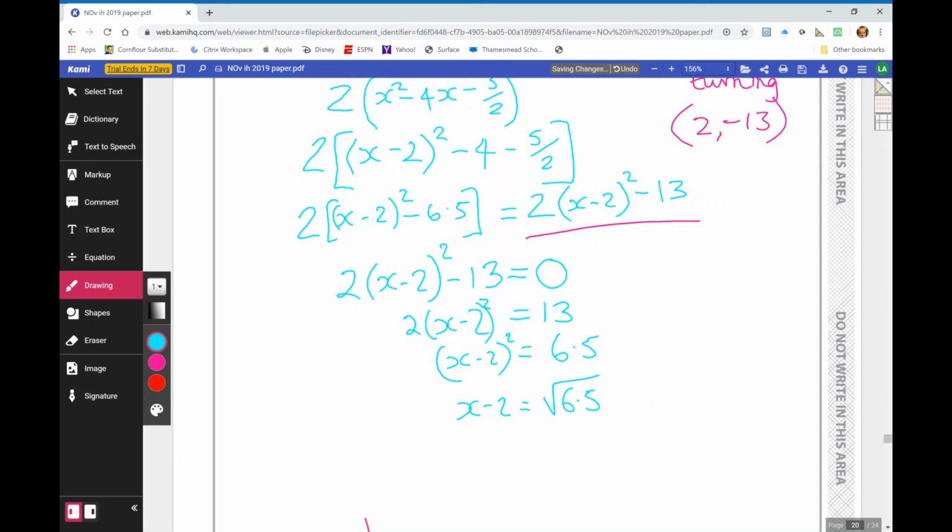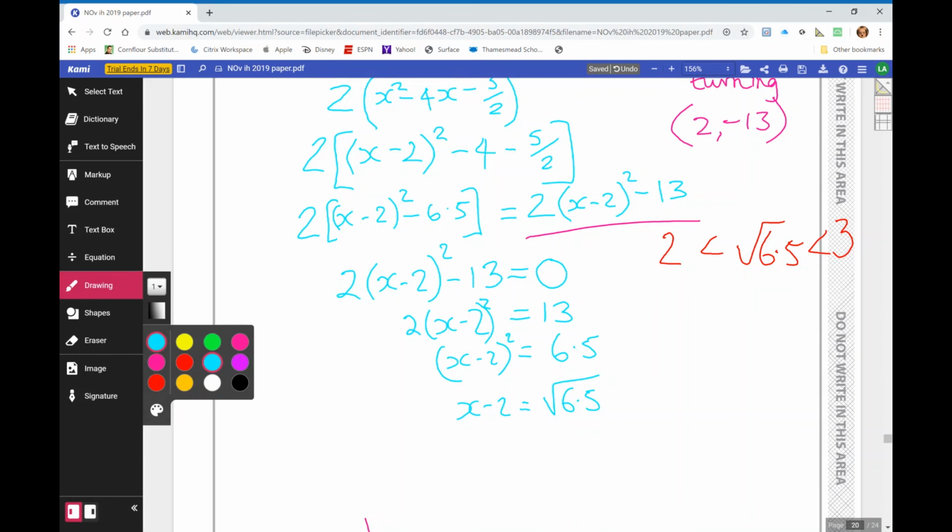You think about square rooting of 6.5 as well, just take a little side note again on this. The square root of 6.5 is going to be greater than 2, because the next square number down is 4, so the square root of 4 is 2, and less than 3, since the next is 9, so it's going to be basically between 2 and 3. Okay, so just to give you an idea roughly of the number.